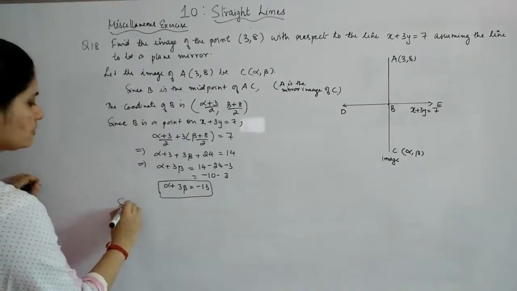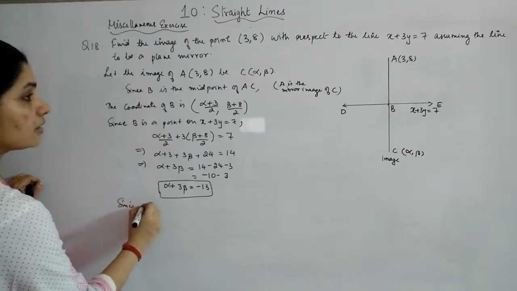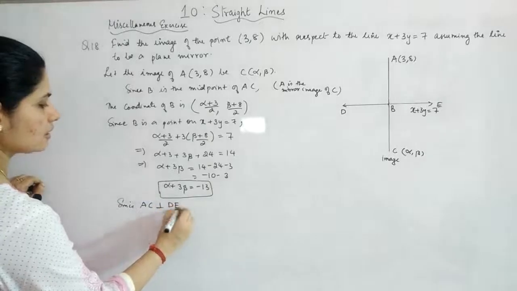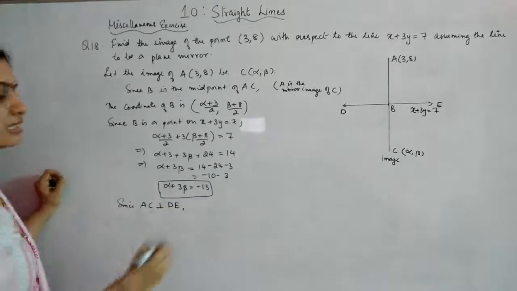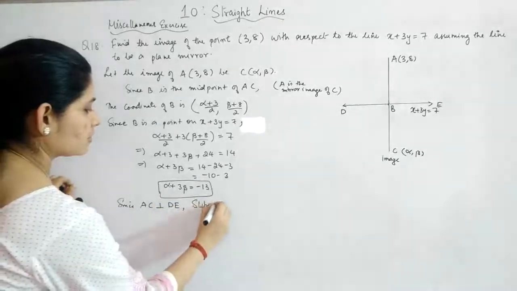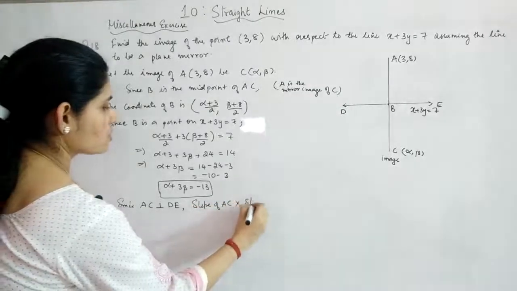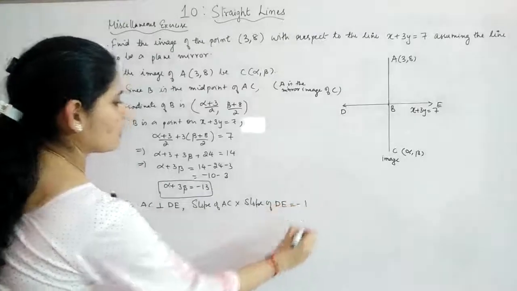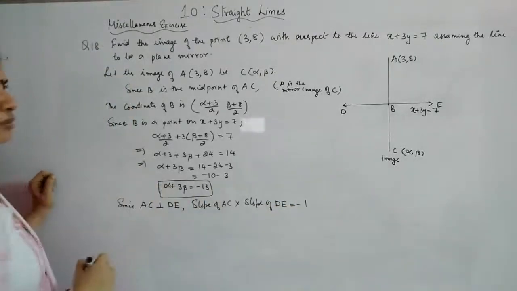Now since AC is perpendicular to DE, what you can say is slope of AC into slope of DE will be equal to minus 1. Now what is slope of AC?